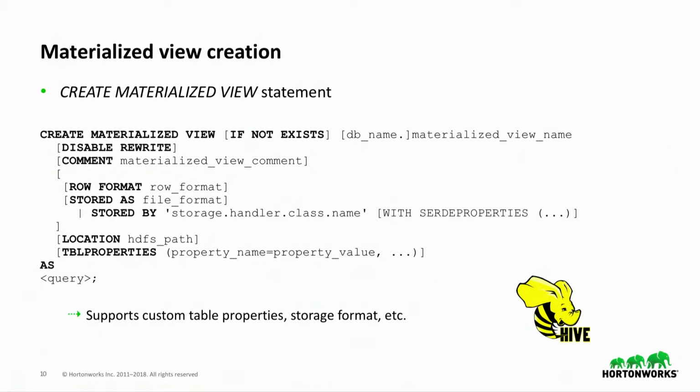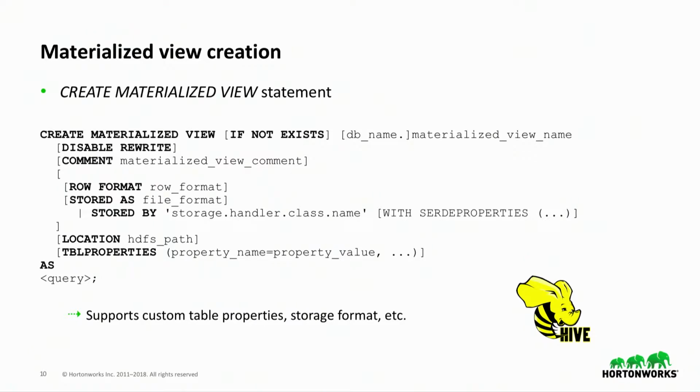So what we did is just introduce a create materialized view statement. What you can see here, if you are familiar with Hive or SQL in general, is very similar to a create table as select statement. You have all the options that you could expect when you create a Hive table, though there are some differences.